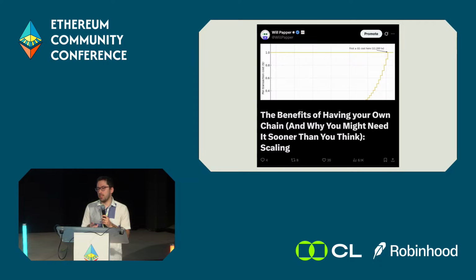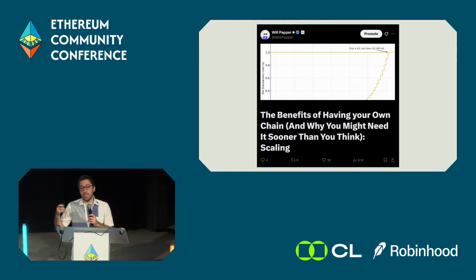But the main reason why this is happening is EIP 1559. So the EVM itself is limited in the number of transactions it can process. When it gets too many transactions, under EIP 1559, fees go up.